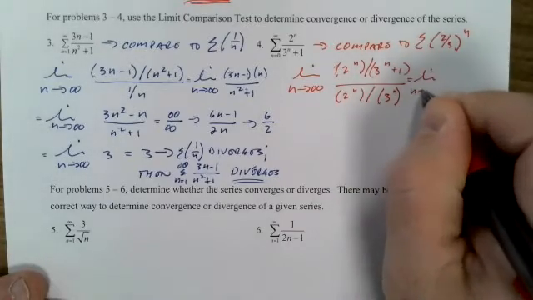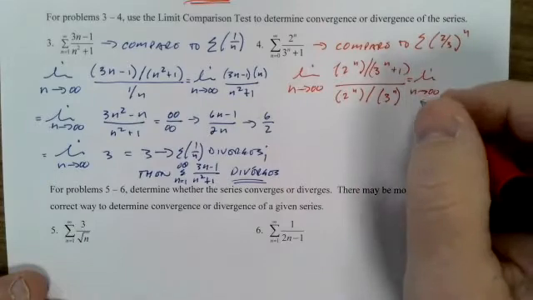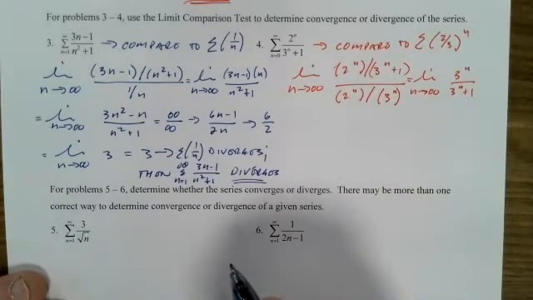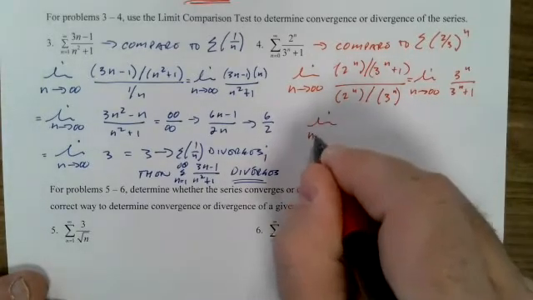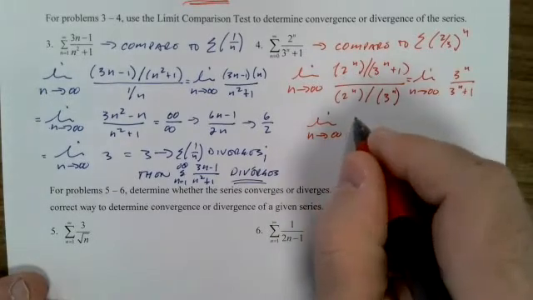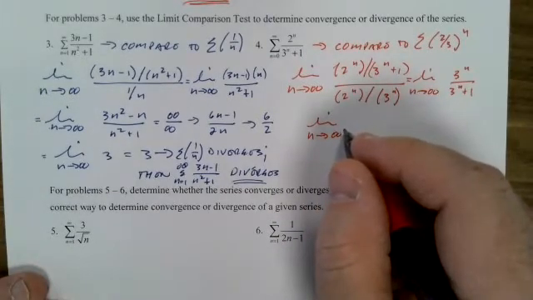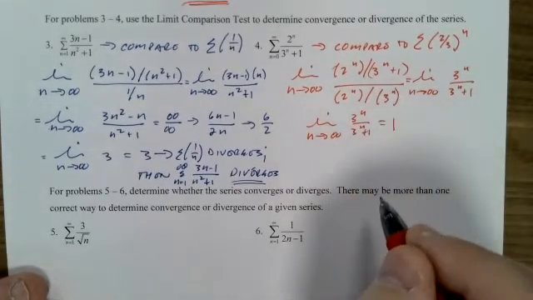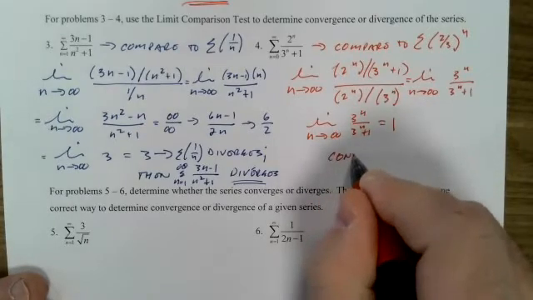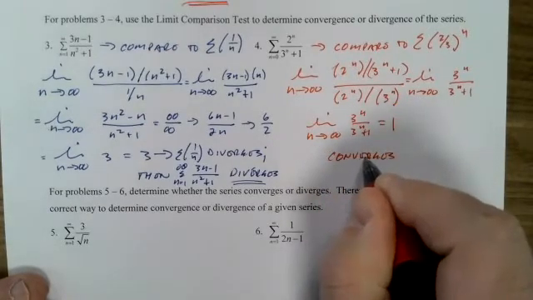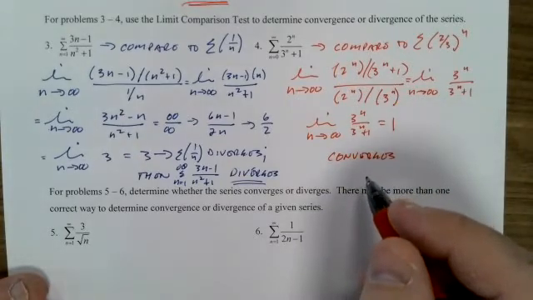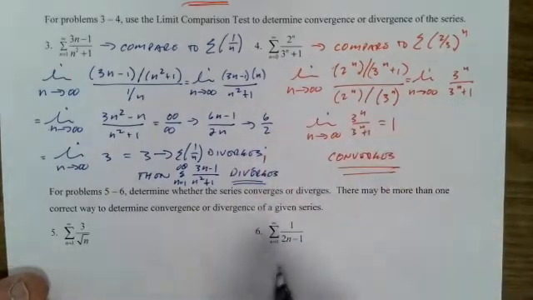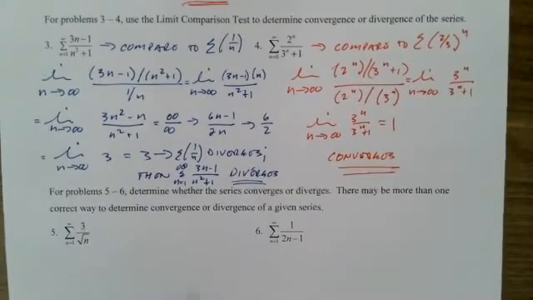Equals limit as n goes to infinity, cancel, cancel, 3 to the n over 3 to the n plus 1. As that goes to infinity, 3 to the n over 3 to the n equals 1, converges. This converges, therefore this converges. We compared to it and got a value between 0 and infinity.